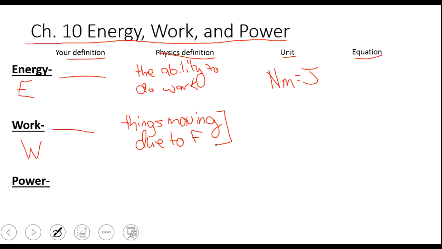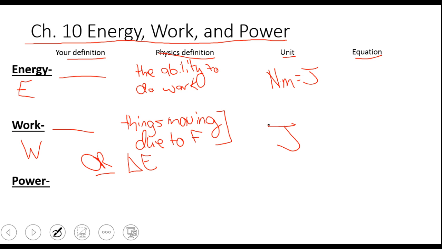It's things moving due to a force, or depending on your situation, and it's both really, but it might be more helpful to think of it this way, or the change in energy, right? Because it's the change in energy, work is also measured in joules. It's kind of like impulse and momentum. They're pretty much the same thing.